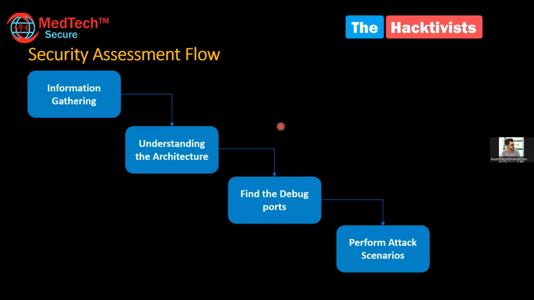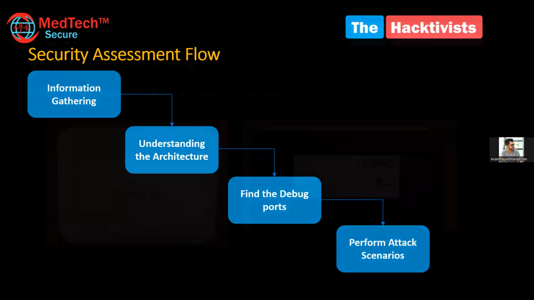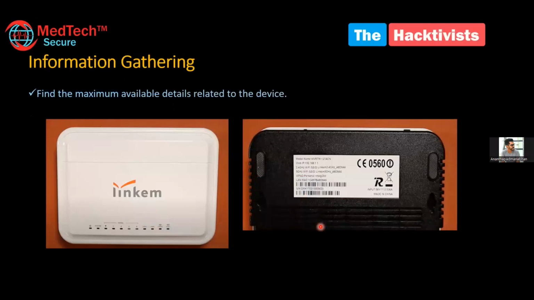The initial part is the information gathering phase, followed by understanding the architecture, and then finding the debug pads. Debug pads are the testing points we discussed. How to find those points, and at the end, how to perform the attack scenarios for each of these cases.